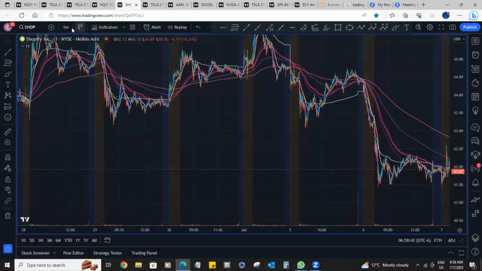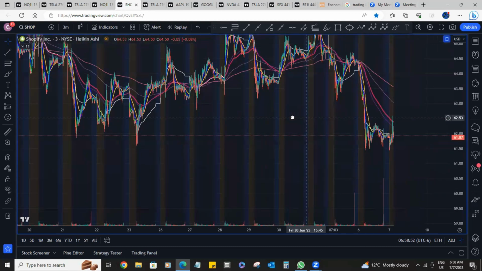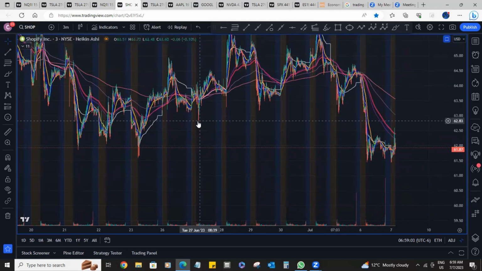Now, if you did take it, let's say, for example, we did take this one to the downside. Here was our support. My next spot I would have looked at was, okay, here was your next resistance, 62, blew completely through that.